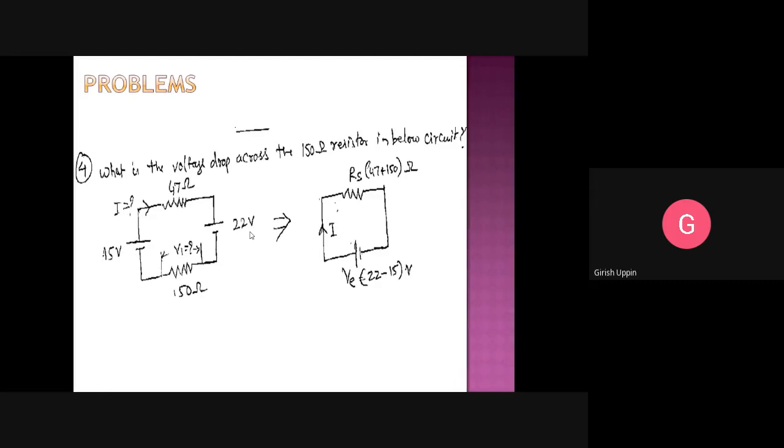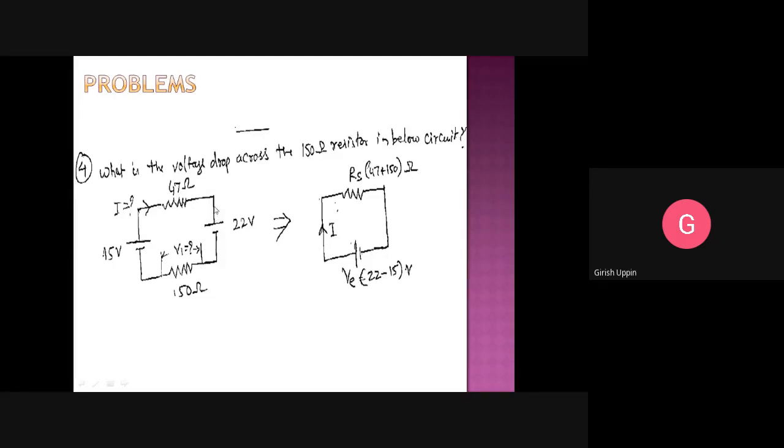An emf source will make the current circulate in the circuit, and the current will start from the positive end, go through all the loads and come back to the negative end. So this 22 volt battery is trying to push the current in this direction, and this 15 volt battery is trying to push the current in this direction, right?